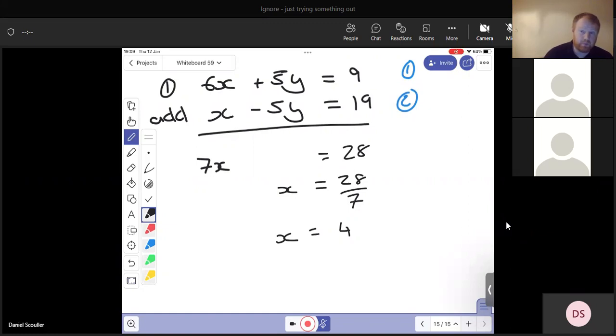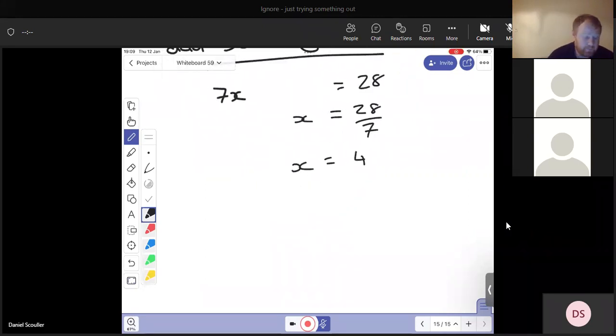In the last one we subtracted, and this one we're adding. So we can add or subtract that second line. We're just trying to eliminate one of those letters. In this case the number was the same, so we just had to go straight into it.